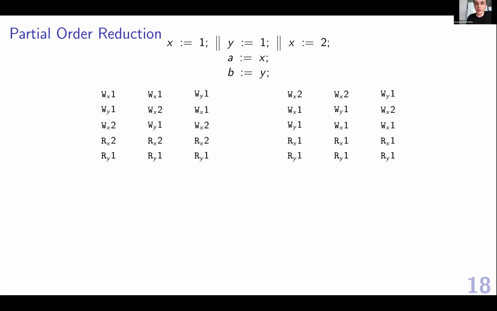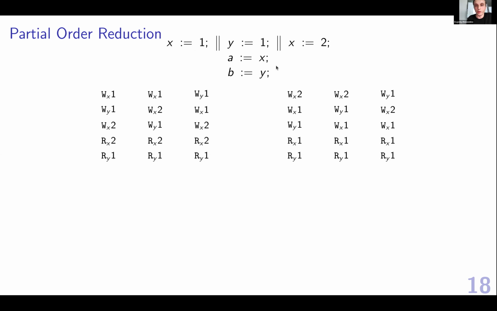Yeah, but what we can actually notice is that, for example, it doesn't matter what the relative order is between write x1 and write y1, because no matter what, these two operations alter different memory locations.